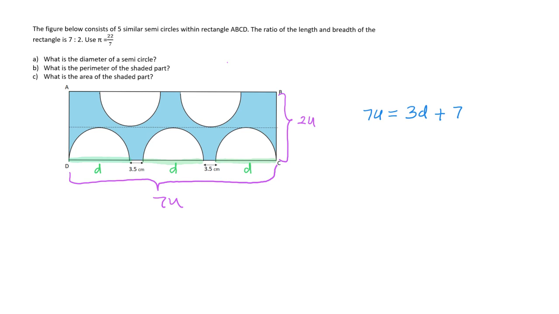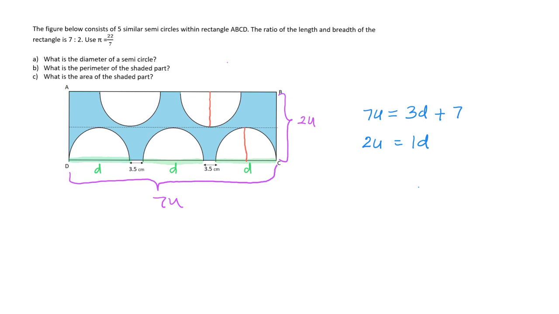Okay, now if we take a look at the breadth of the rectangle, we can see that 2 units is equal to 2 radiuses or 1 diameter. So we know that 1 diameter is equal to 2 units.